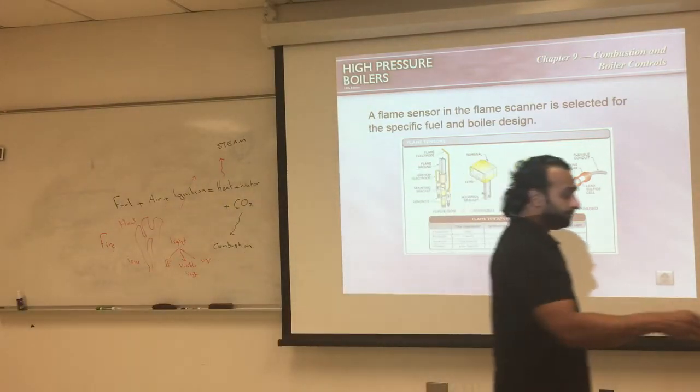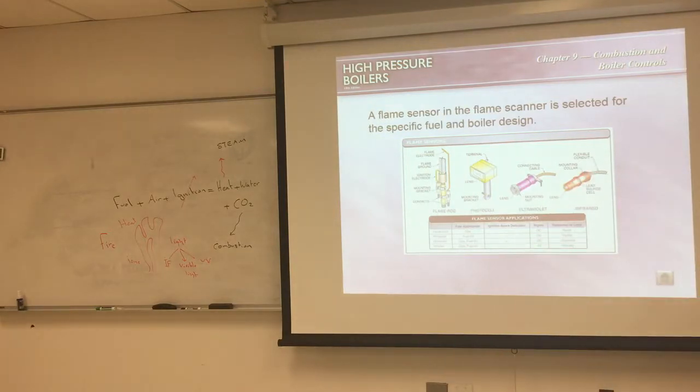So the sensor here, the infrared sensor, will sense the infrared from the fire. UV does the same thing. It can sense the ultraviolet. Photocells will react to the visible light. And finally, we have something called a flame rod, which will react to the ions of the light.